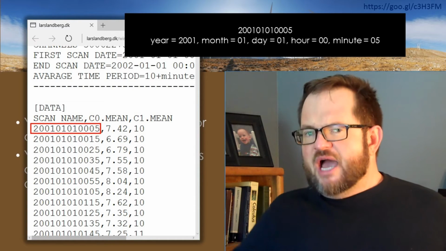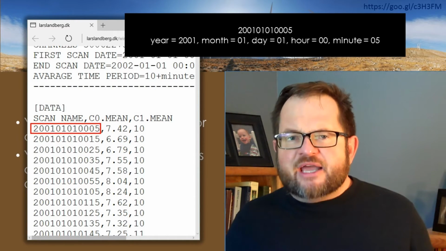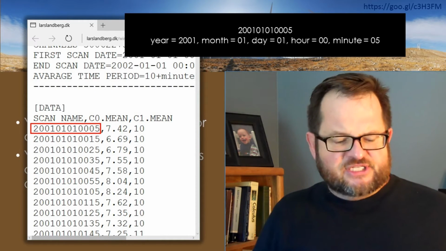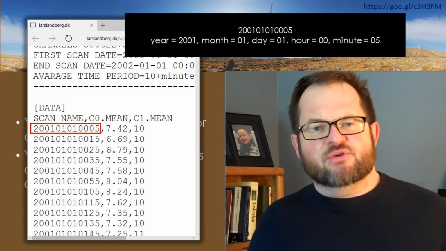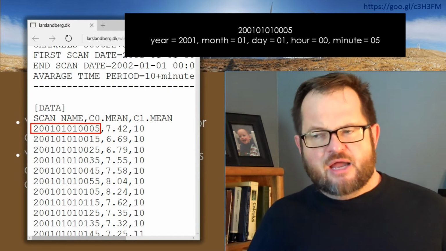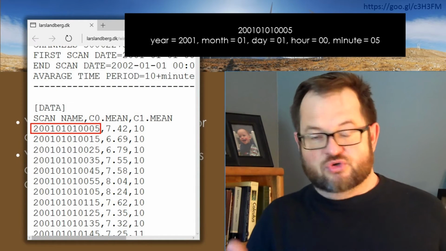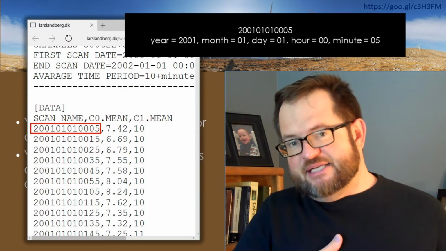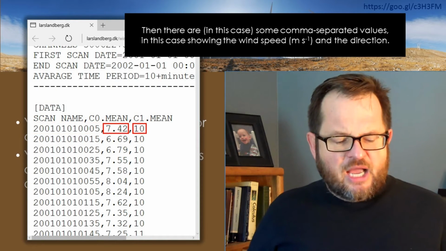In general, there is some kind of format like that. There would always be documentation that explained what that format was, but that's just what it is in this particular case. And a format like that is easy to read in a computer program you wrote, or something like Excel. So the timestamp is not terribly tricky.